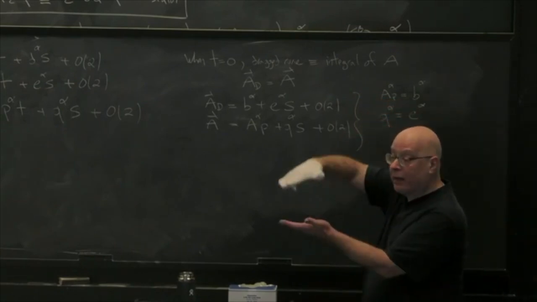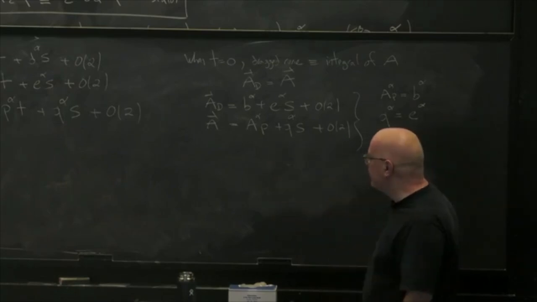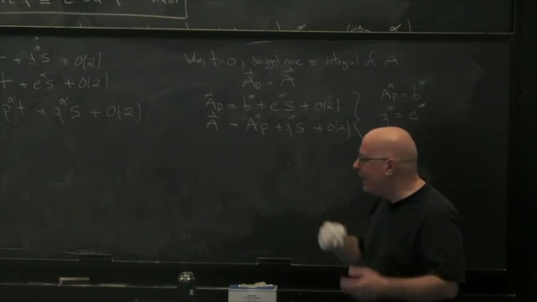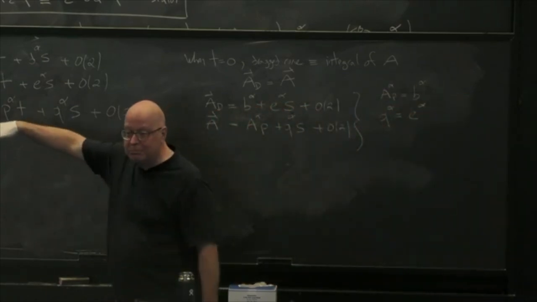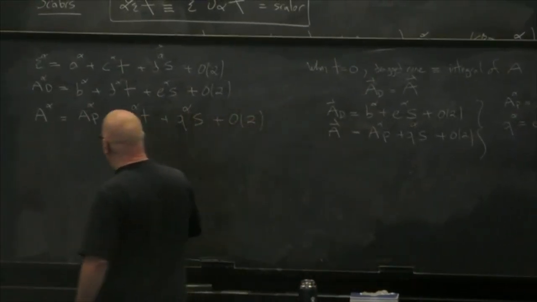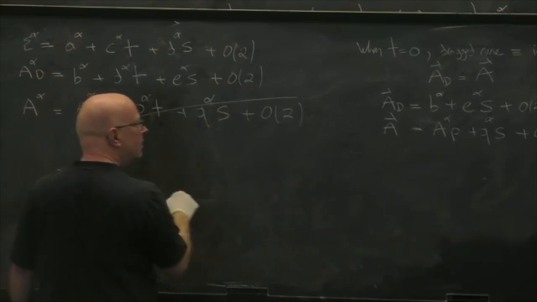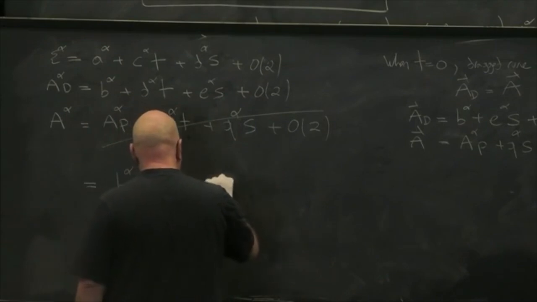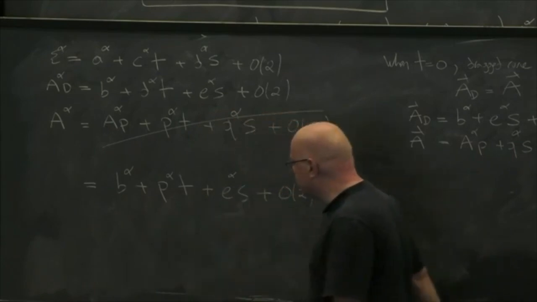So the fact that the drag vector field has to agree with the original vector field on the initial curve means that while the Taylor expansions are not completely unrelated to one another, we have to incorporate those constraints here in order to make sure that everything lines up correctly on the curve that goes through P. So basically what I'm going to do is to strike this and rewrite the original vector field as B alpha plus P alpha times T plus E alpha times S plus terms of second order.